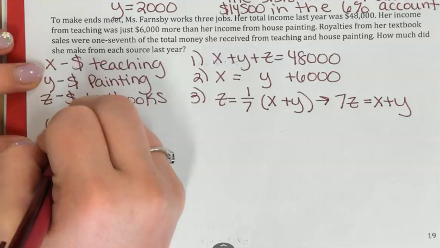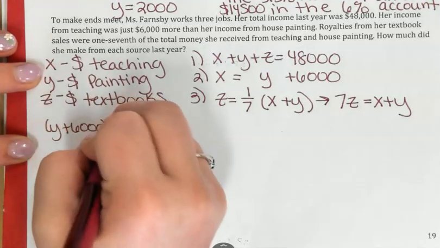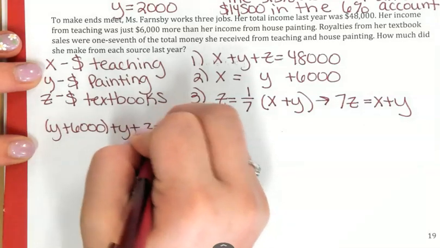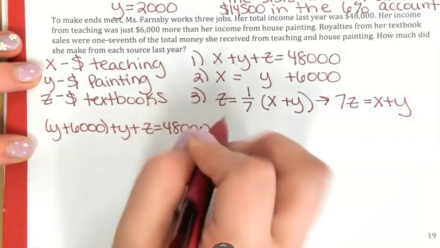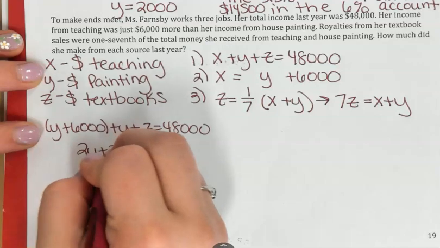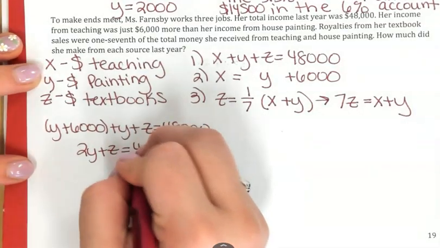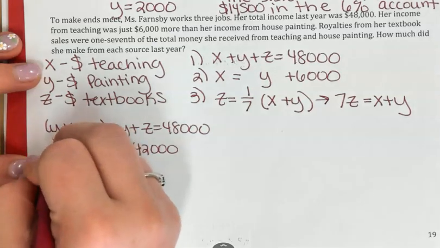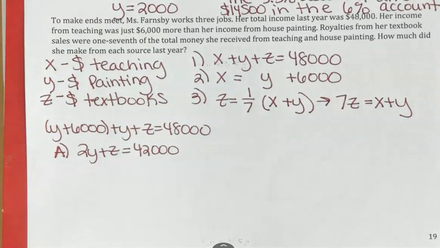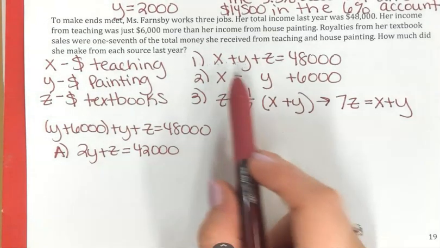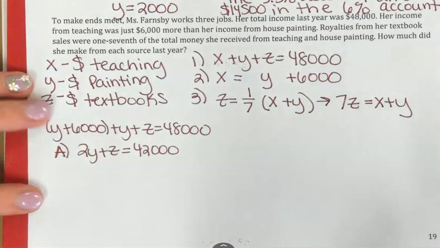So y plus 6,000 plus y plus z equals 48,000. So 2y plus z, after I subtract the 6,000, that'll be 42,000. There's equation A. For equation B, I'm going to plug this into equation 3.